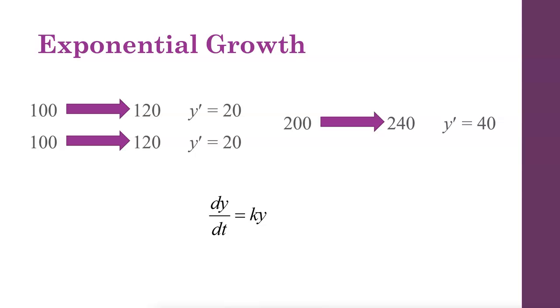And depending on the sign of k, this population either grows, or it could shrink, it could decay. We refer to this as the natural law of growth or decay, based on the sign of the constant k.